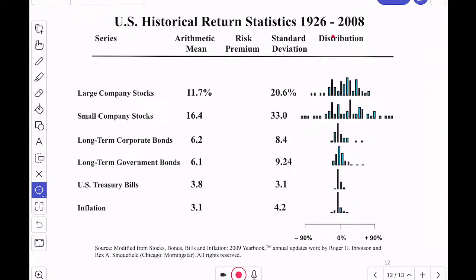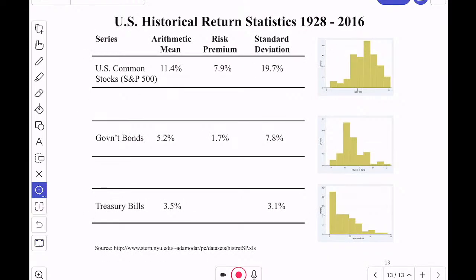I have the data from 1926 to 2008, and then here I have till 2016. So this is my own calculations using the data in the chart that I presented you. And what do you see if I use US common stock? You see it's not perfect. Remember, we talked about smoothing out a histogram. It's not perfect, but it's approximately bell-shaped here.